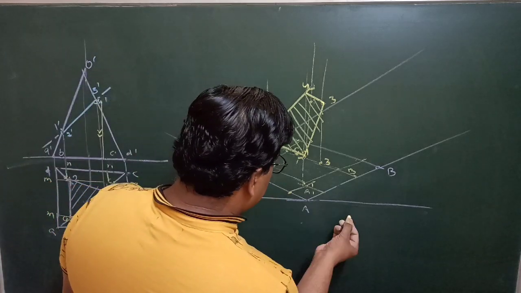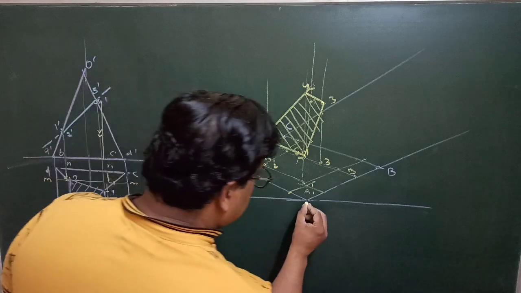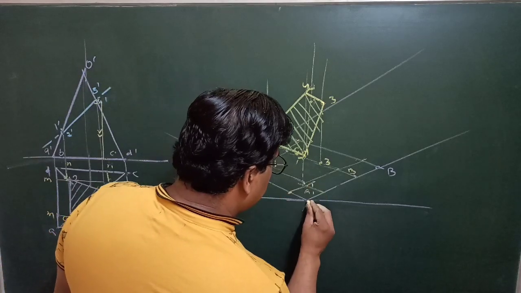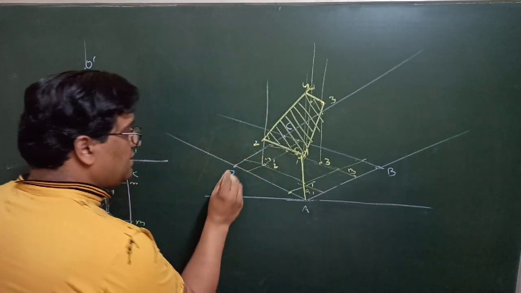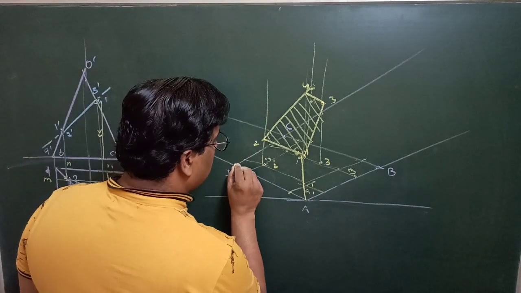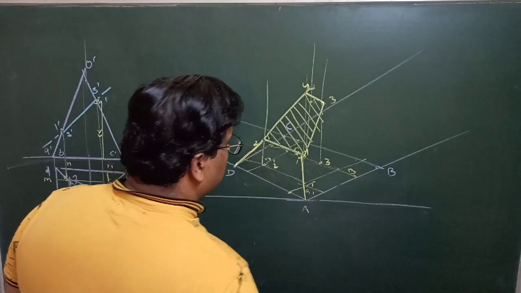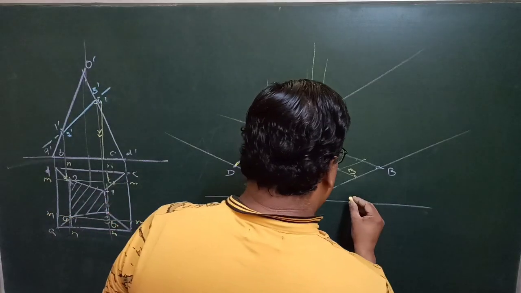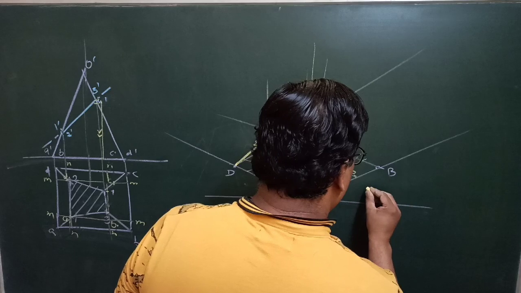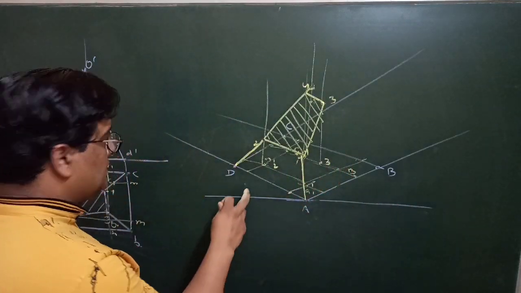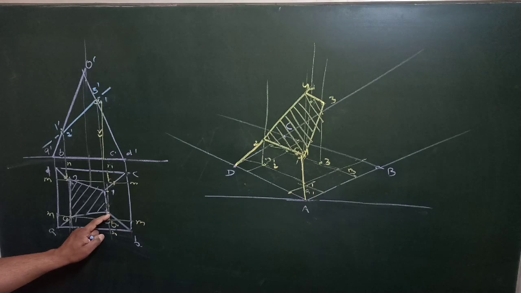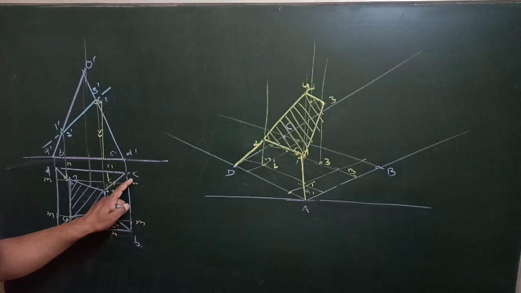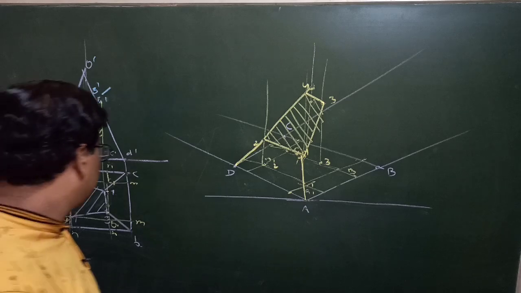So point A is here, so A to A1, this line you can join easily. Similarly D to 4 you can join, and then you can join AD, then B to this point, the third point, and C to the fourth point.